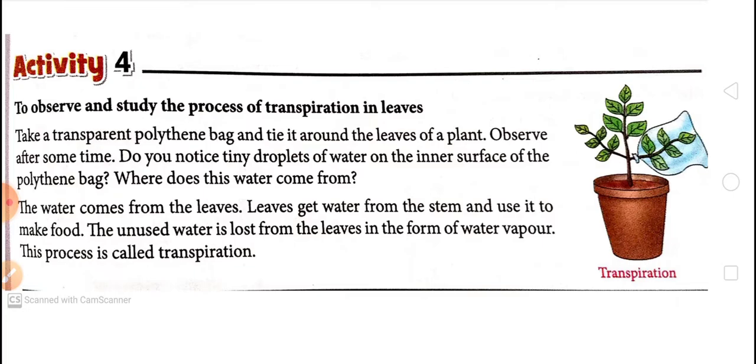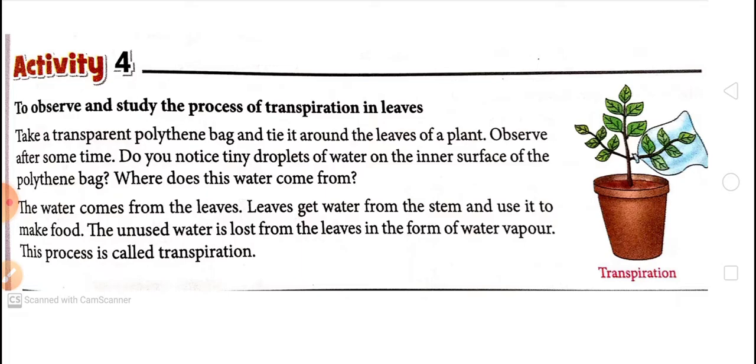For this activity you can take a transparent polythene bag and tie it around the leaf of a plant. You can see in the picture how the polythene bag is tied to the leaf of the plant. After some time you will notice droplets of water on the inner surface of the polythene bag.